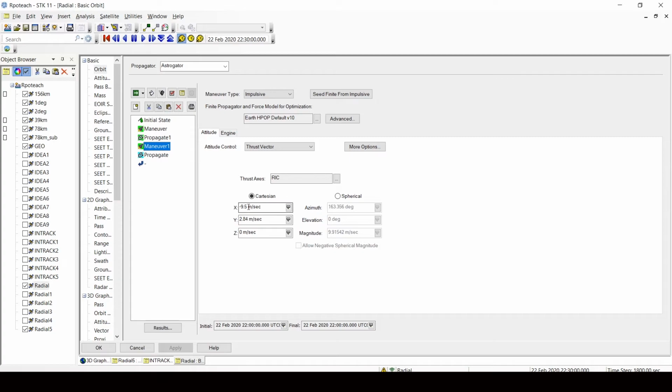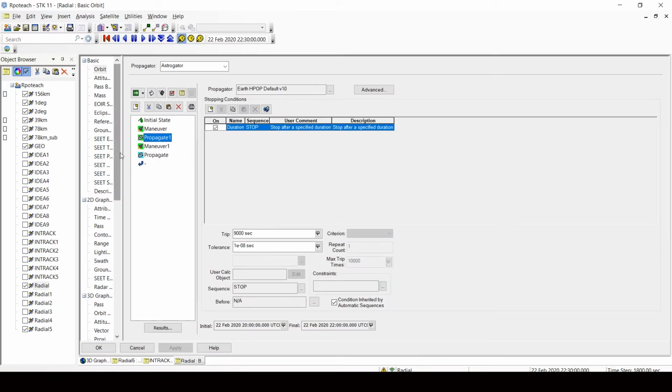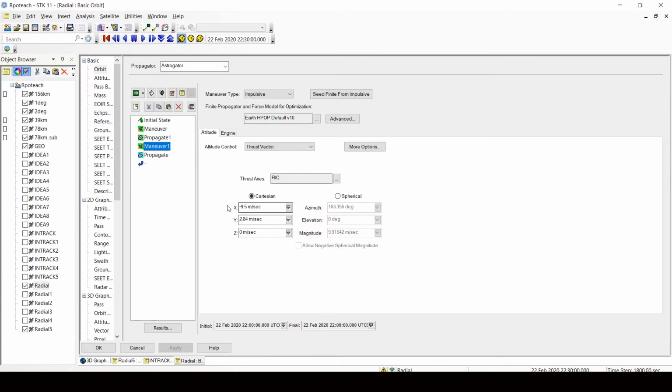Some value less than this, taking advantage of the fact that gravity is pulling on the object. If you really want to know what the exact value should be, then you can use Newtonian physics, which is really true for all of this motion. But in this case, there's sort of a simple understanding of how much did gravity slow my object down in this first 2 hours to where I no longer need to burn as significant of a magnitude. So let's go ahead and take a look at this.